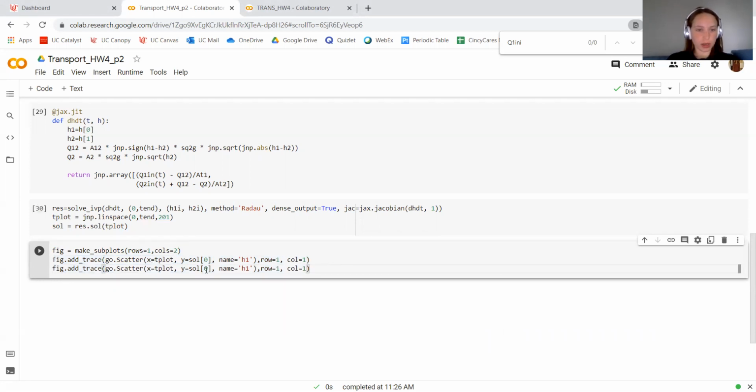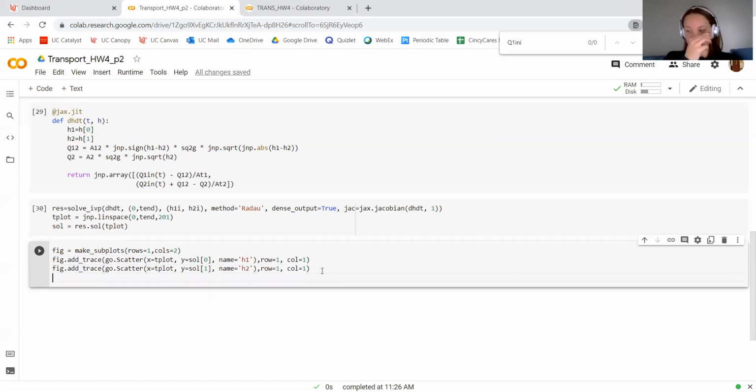We can copy and paste that and then just change this to index 1, because that's our second height.